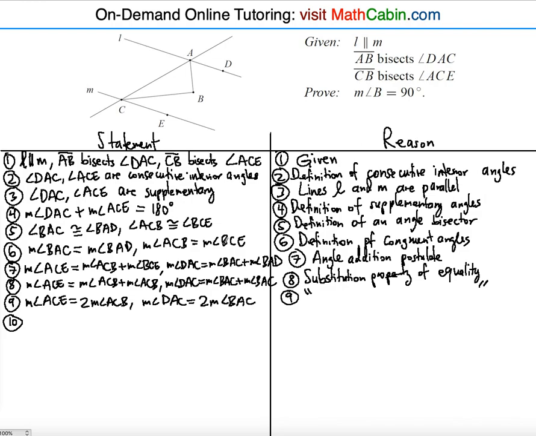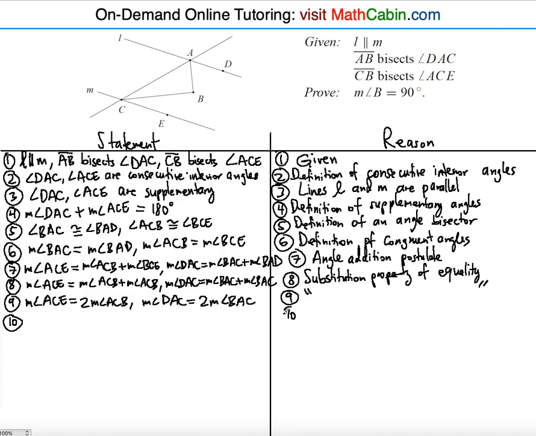Okay, and also notice now that this, we can use this line right here, this equation, and substitute each of these measures of these angles with respective terms, right? Because measure of ACE is listed as twice the measure of ACB, and measure of DAC is listed as twice the measure of BAC, right? So let's substitute that, right?